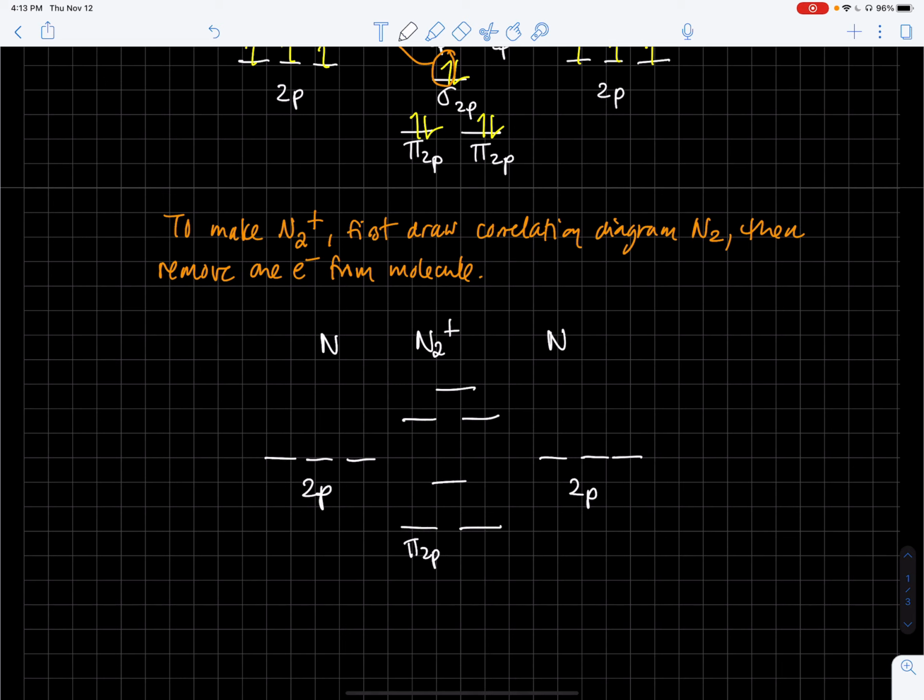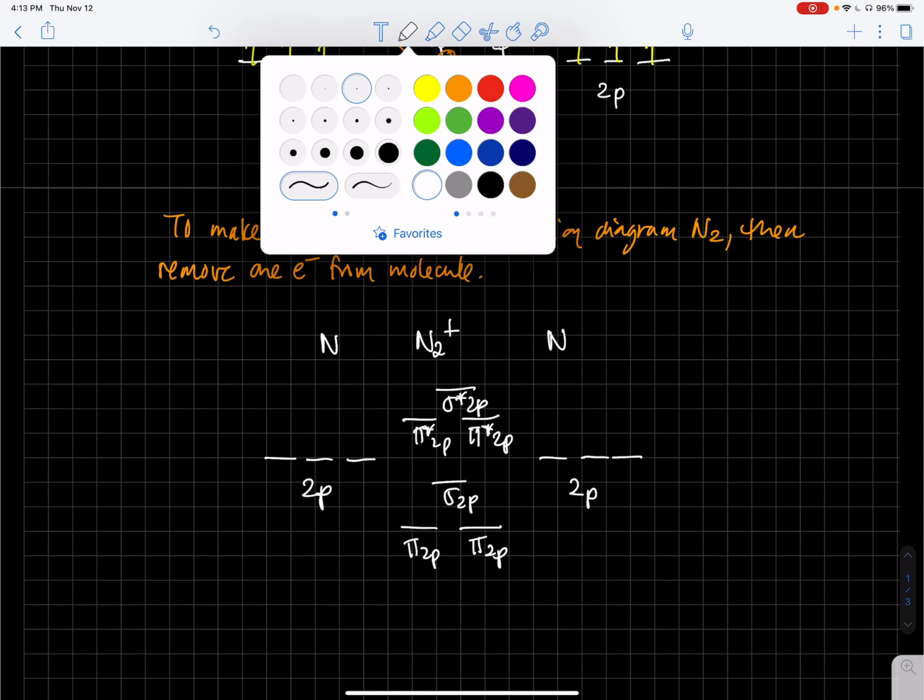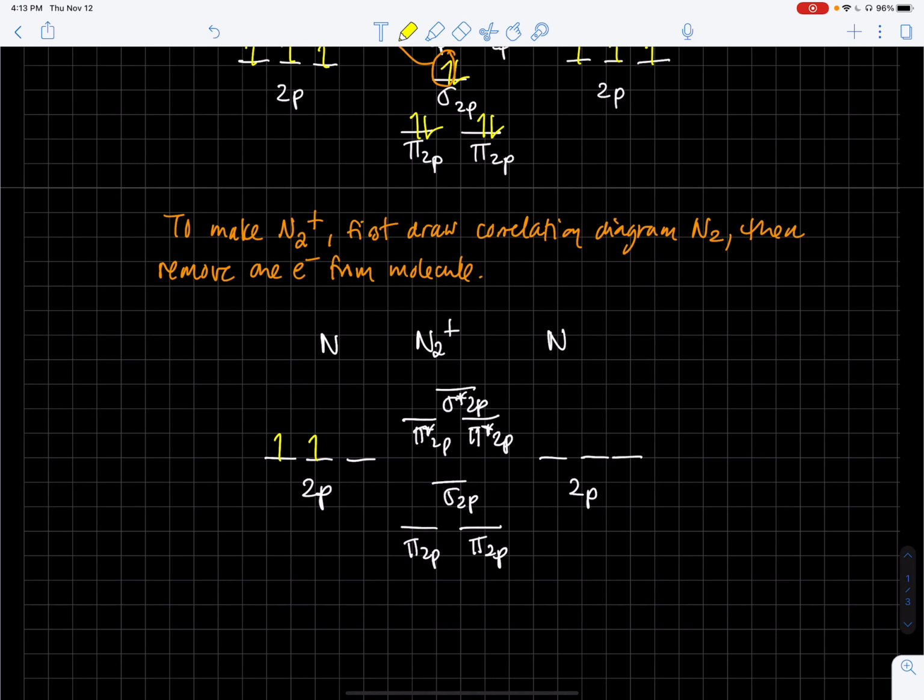So I prefer to just do that. Again, my nitrogens would have 3 electrons, and my N2 would have one of them removed. Maybe I would put it up here, flying away with wings.